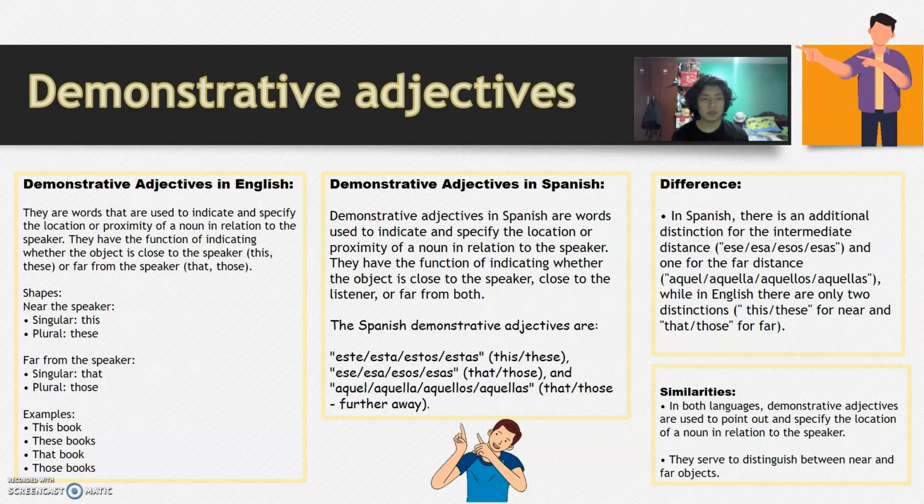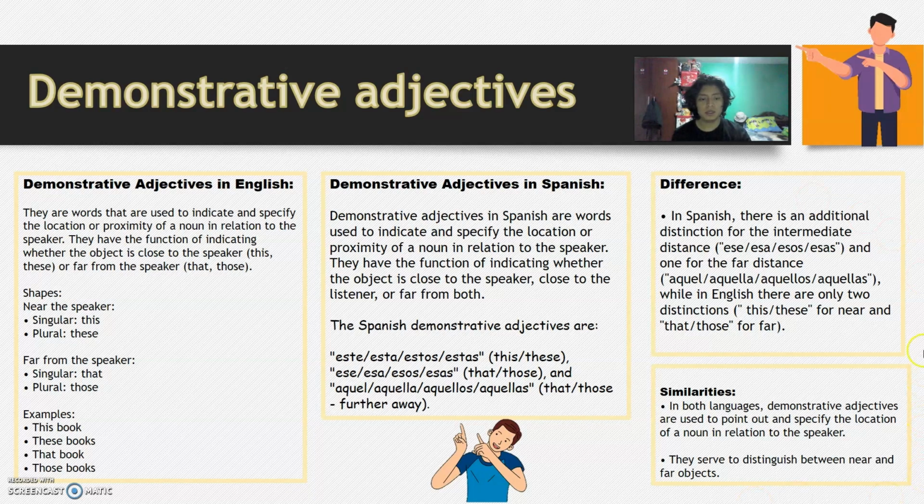We have two similarities in both languages. Demonstrative adjectives are used to point out and specify the location of a noun in relation to the speaker. The second is they serve to distinguish between near and far objects.